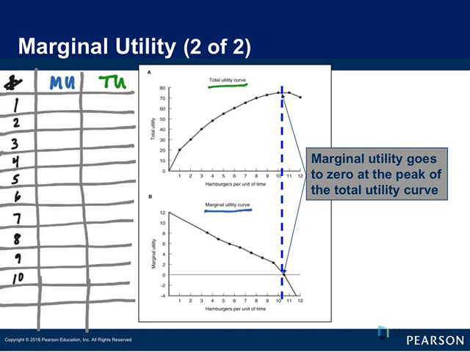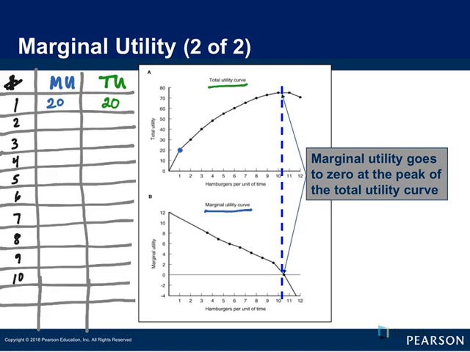When one hamburger is consumed, we can see that approximately on that first hamburger, there are 20 units of utility and 20 units of total utility. So on consumption of burger number 1, they're pretty similar.